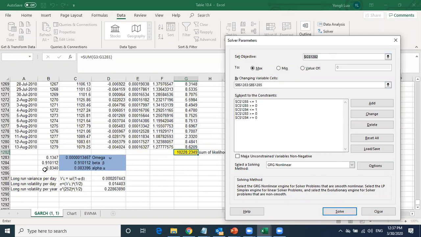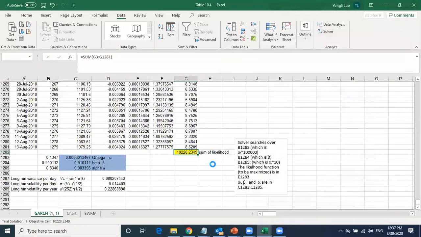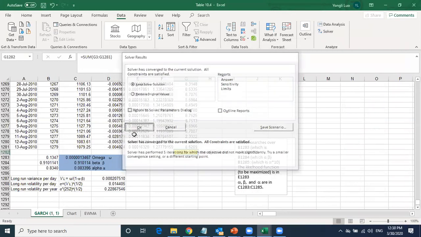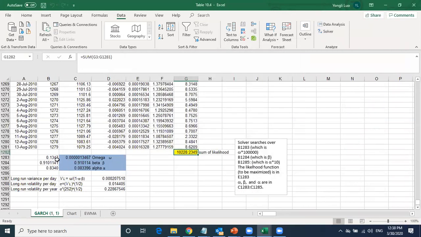Select these three variables and then add the constraint. Click on Solver so you can solve this function. It will change the values, and you keep those values. That's how you get omega, alpha, and beta from the GARCH(1,1) model.